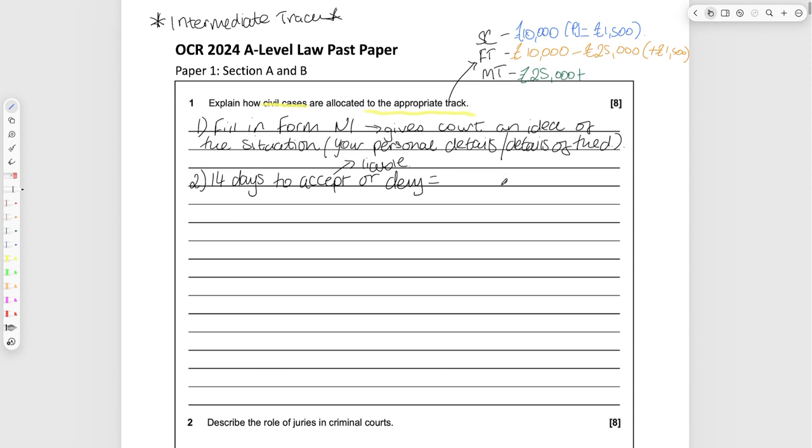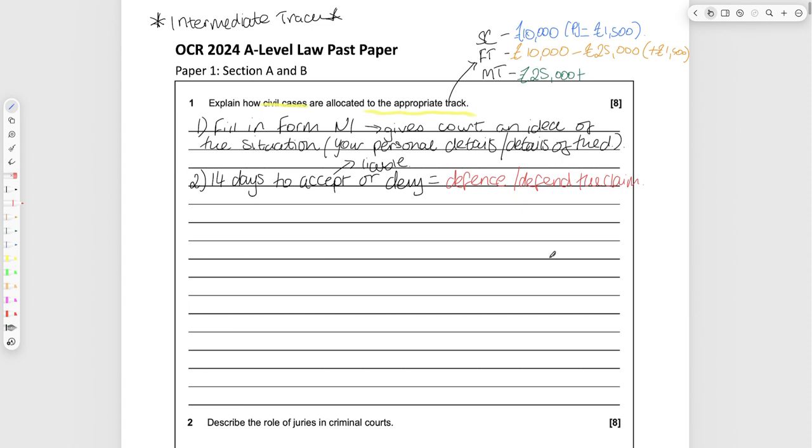If they deny it, that'll cause what we call a defense to happen. So they have the option to put in a defense against the claim, or defend the claim is probably the better way of phrasing it.